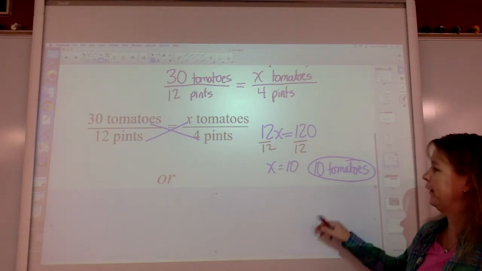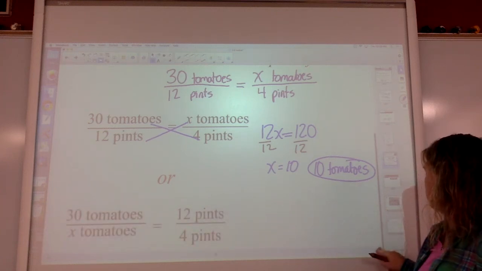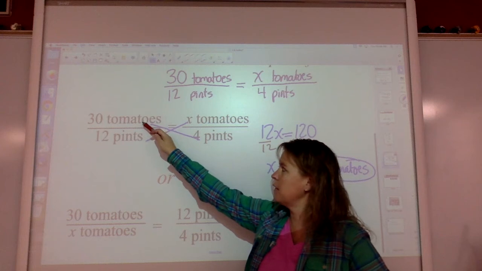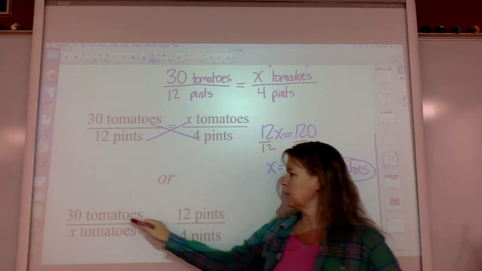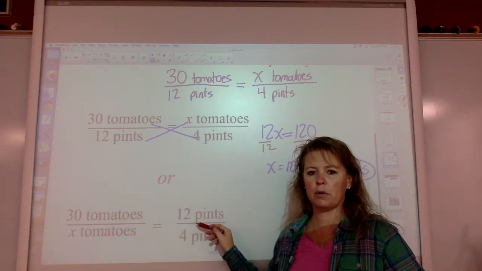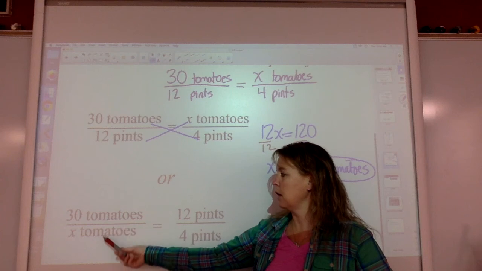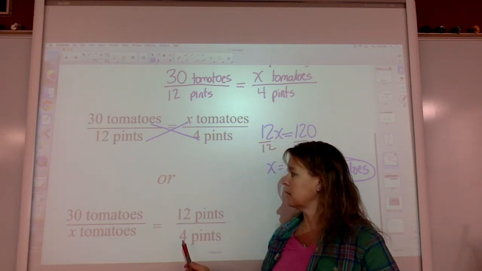You see my "or" here, or you could actually set up your equation differently, and instead of going 30 tomatoes, 12 pints, you could go 30 tomatoes and 12 pints and keep that information on the top of the proportion. But if you go tomatoes here, you would have to go tomatoes here. Tomatoes, tomatoes, pints, pints.